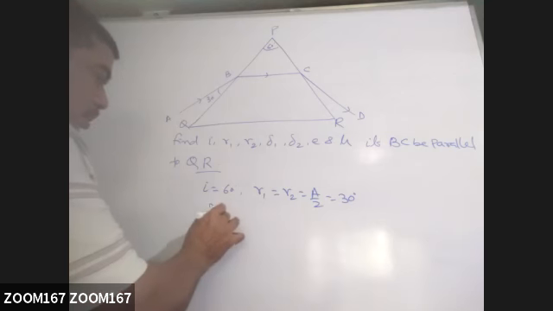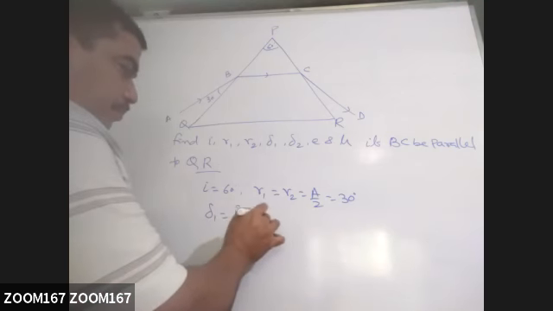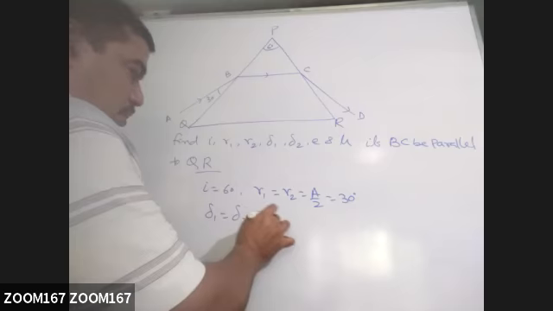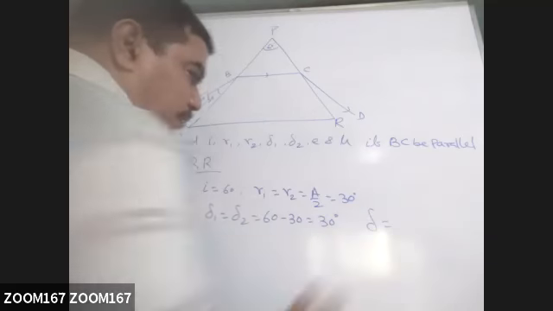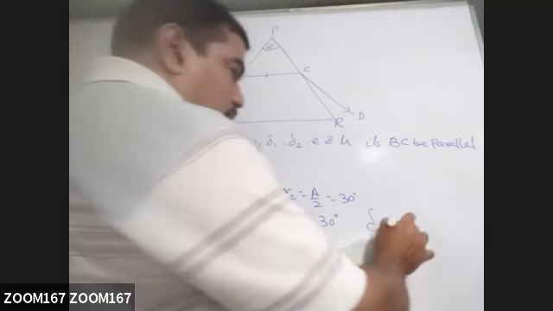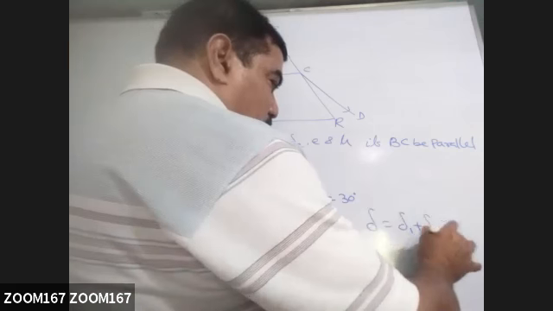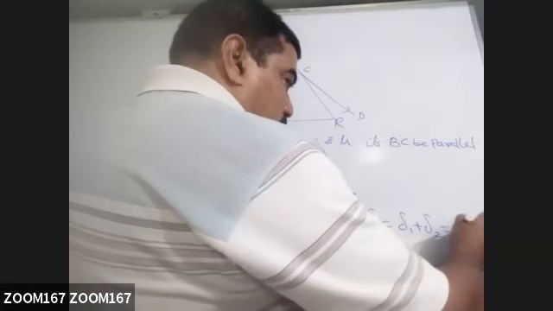Delta 1, delta 2, 60 minus 30, that is 30 degree. What will be delta? Delta 1 plus delta 2, that is 60 degree.